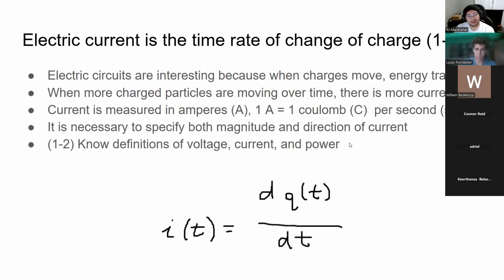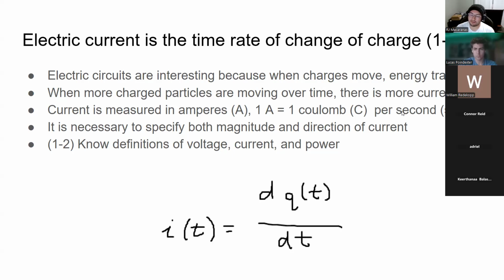All right, so jumping into definitions now. Electric current is the time rate of change of charge, right? One important point the authors make is that electric circuits are interesting because when charges move, energy transfers.